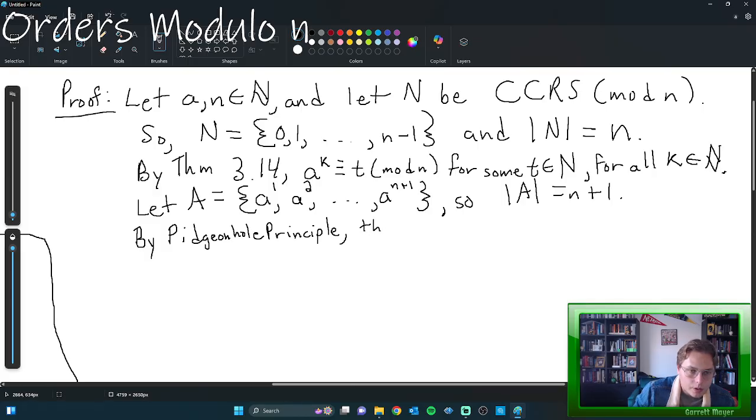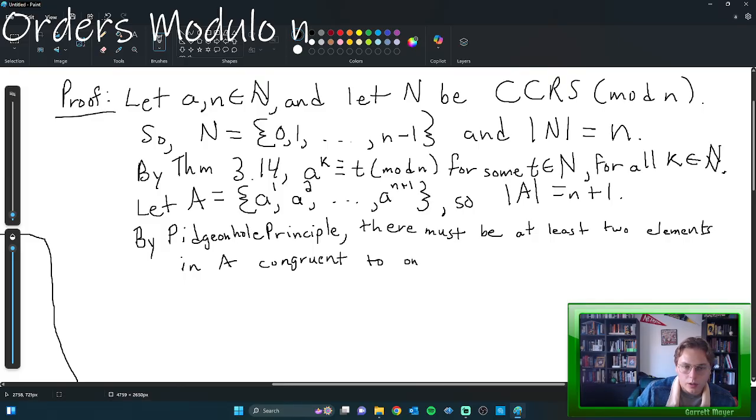So by the pigeonhole principle, there must be at least 2 elements in A congruent to the same element in N modulo n. I'll say at least here because that's important.